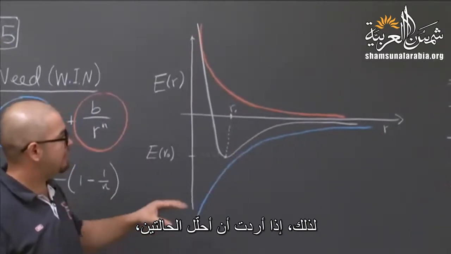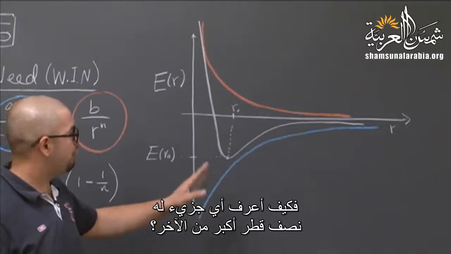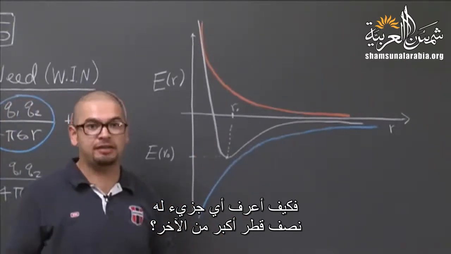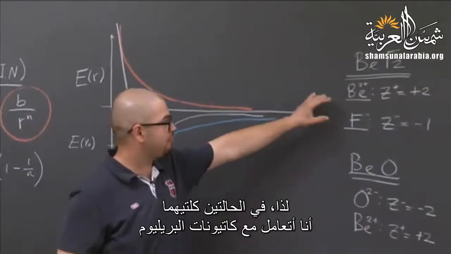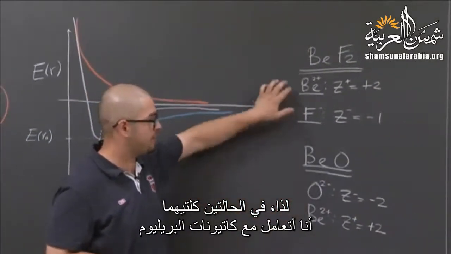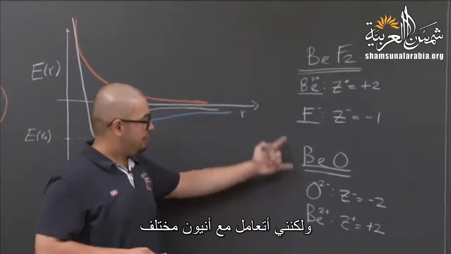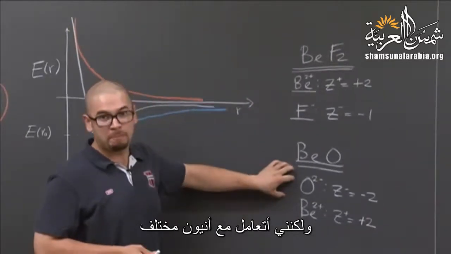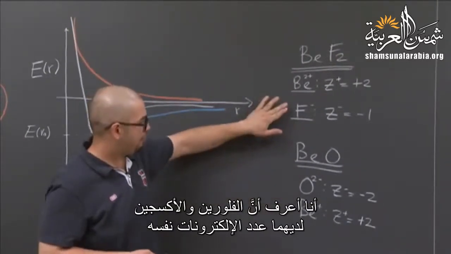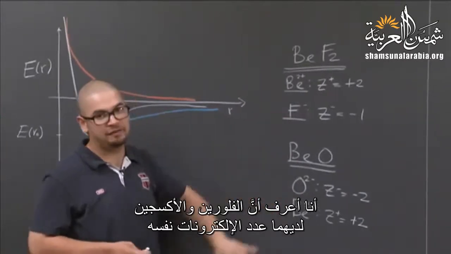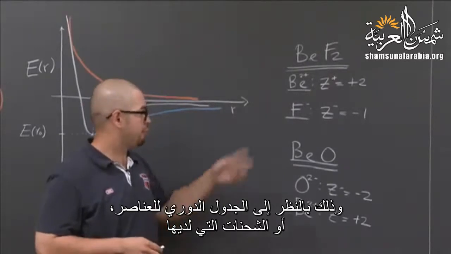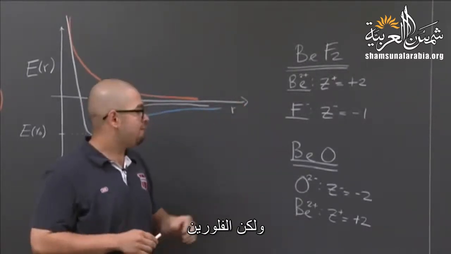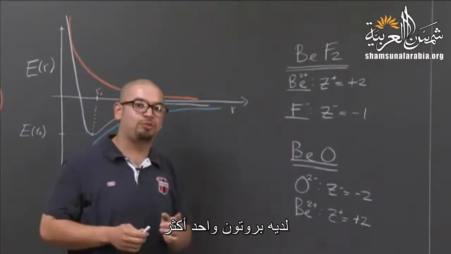So if I wanted to analyze my system, how do I know which one has a bigger radius than the other? Well, I know that my cation is common. In both cases, I'm dealing with beryllium cations, but with a different anion. Now, both fluorine and oxygen anions have the same number of electrons, if you look at the periodic table of elements, but fluorine has one more proton.